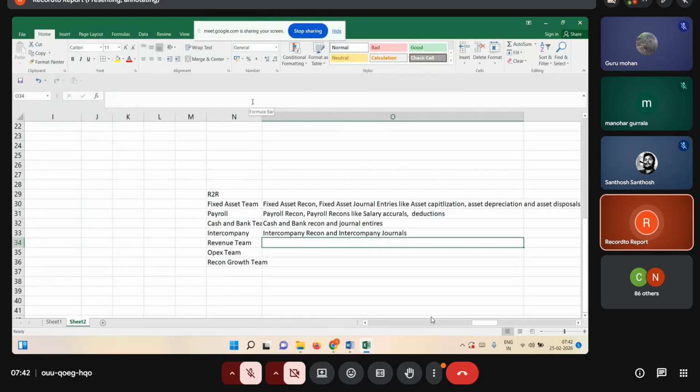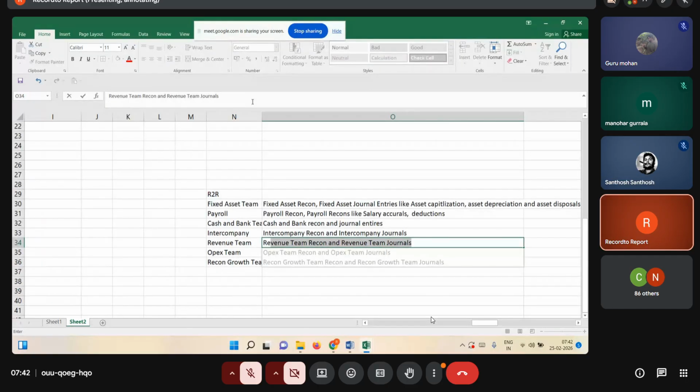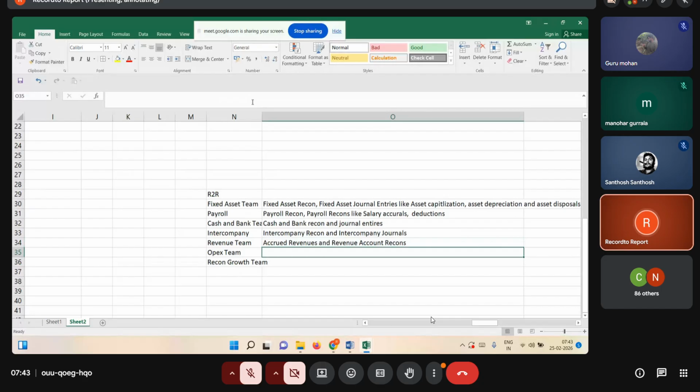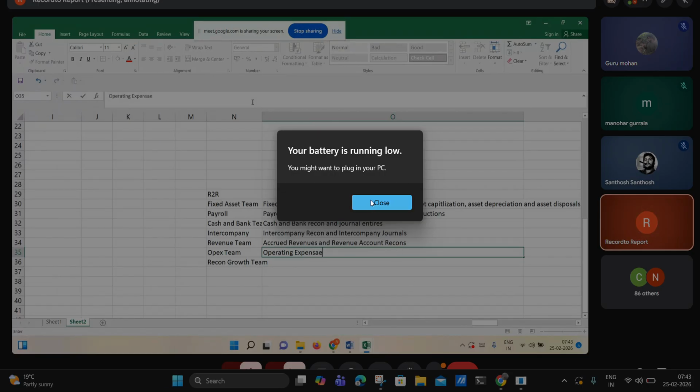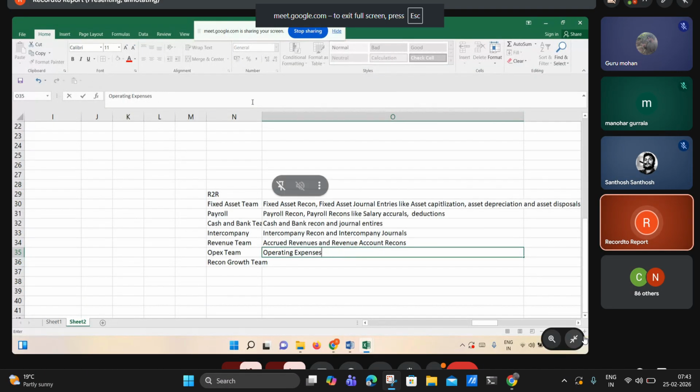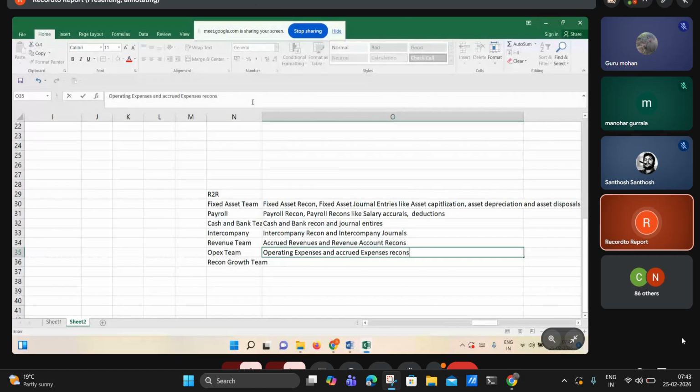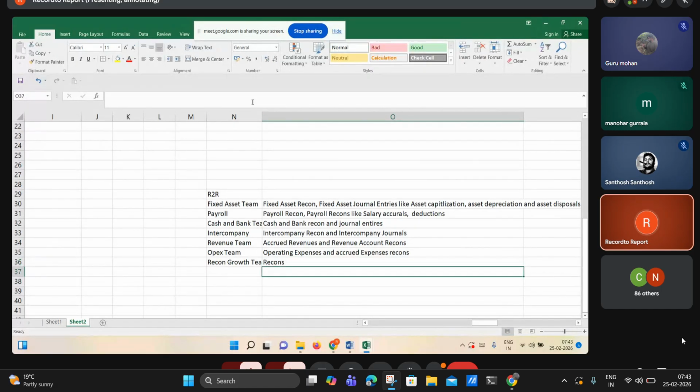The revenue team will take care of accrued revenues and revenue account reconciliations. The OPEX team will take care of operating expenses and accrued expenses reconciliations. The recon growth team will take care of reconciliations, guys.